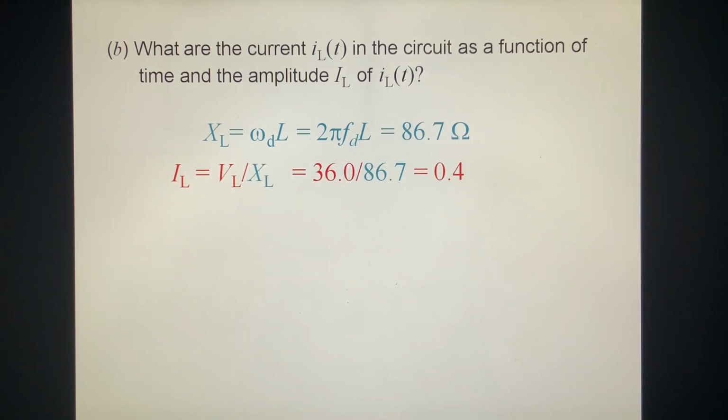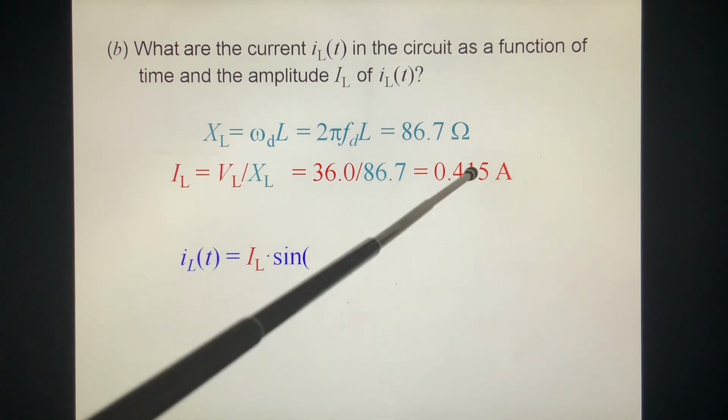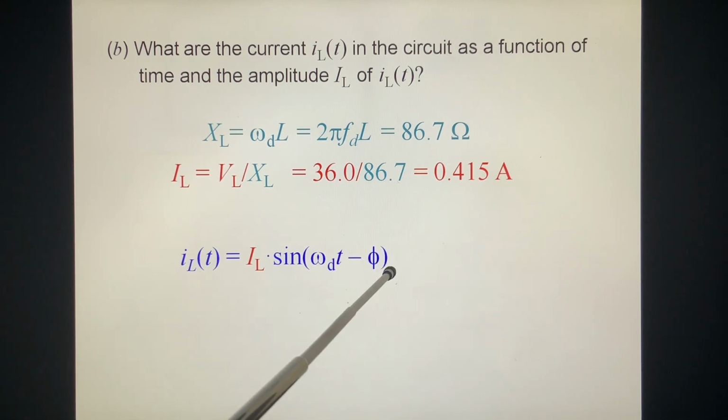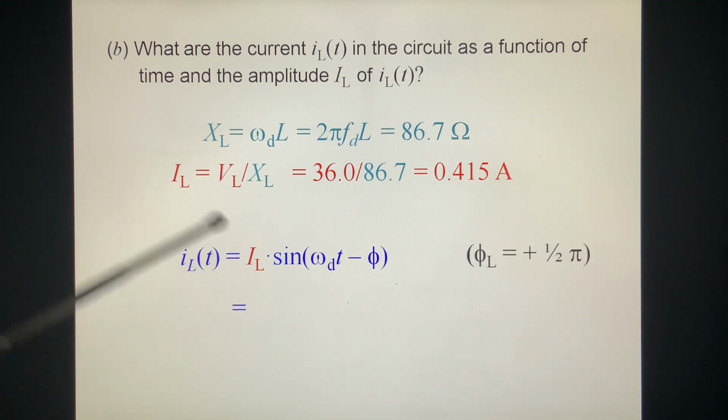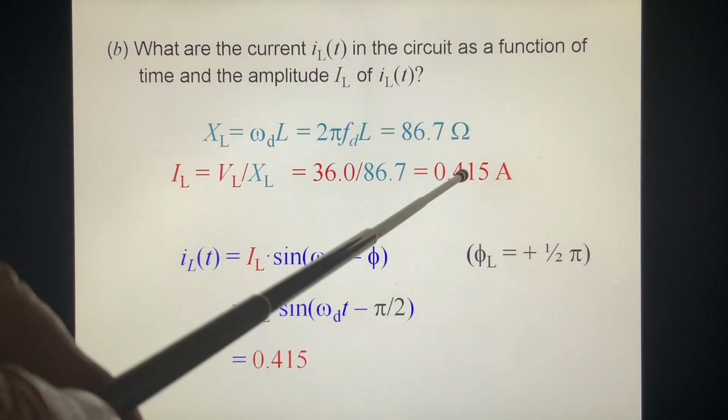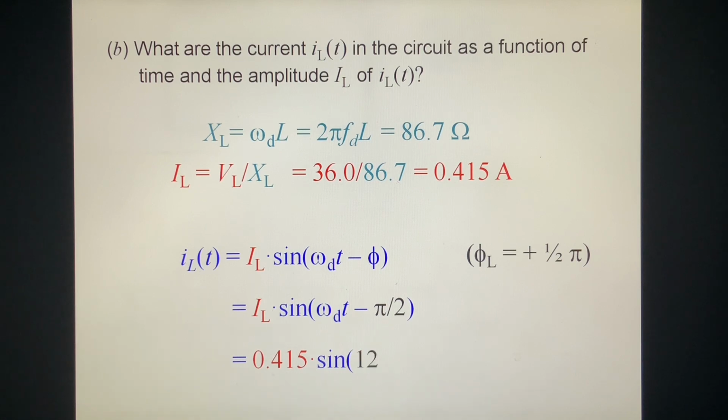We get IL. And this is inductance, so current lags behind by 90 degrees. Phi is 90 degrees, half pi. So IL equal to IL sine omega t minus phi. We put them together, we get everything: IL 0.4 sine omega t.